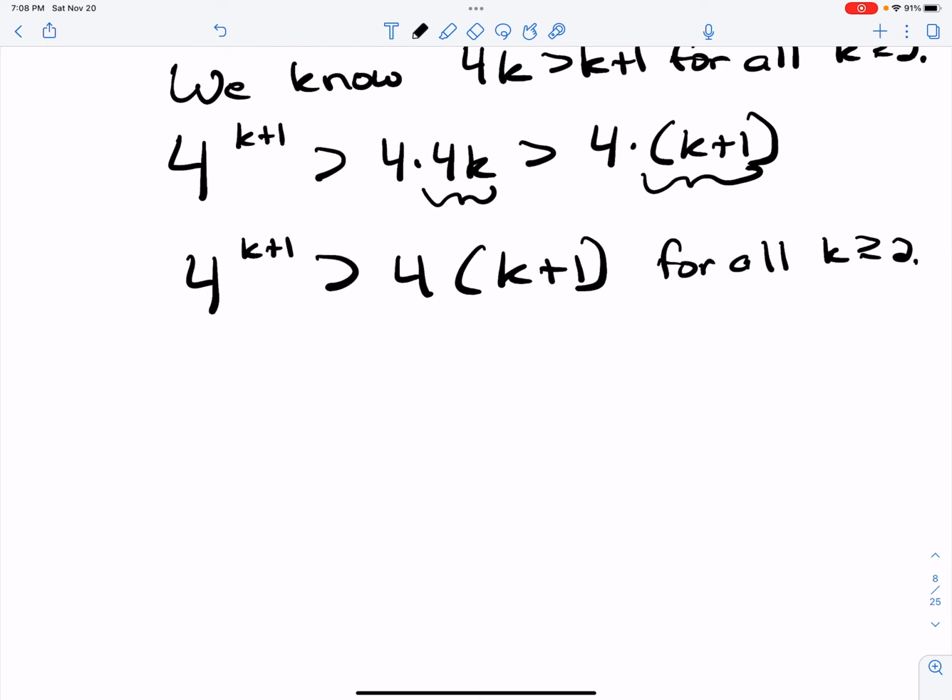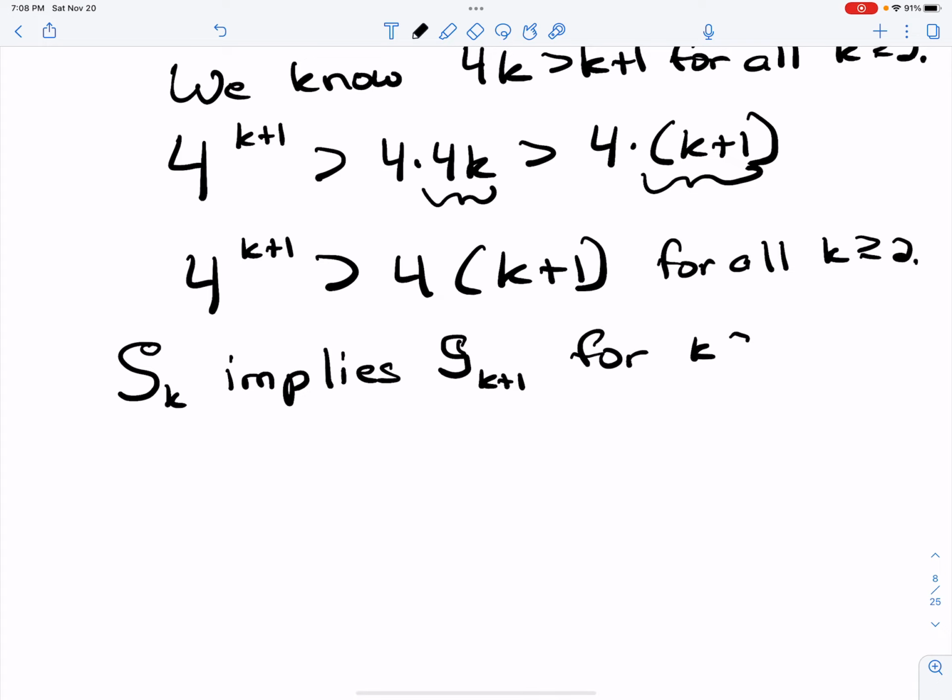So S sub k implies S sub k plus 1 for k greater than or equal to 2.